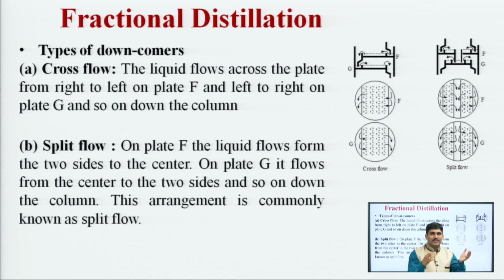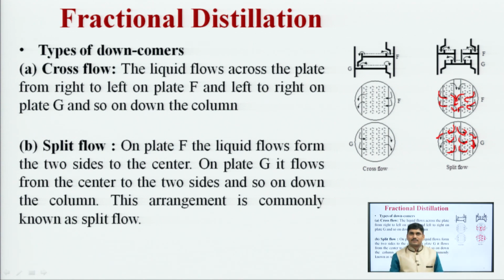Okay. So, this type of movement is called split flow. You see in the diagram, it is moving inside, and from here it is going down, and on the next plate it is moving outwards, and then it is going down.